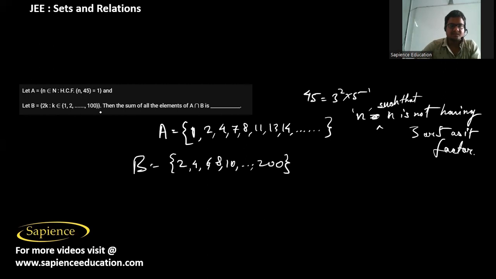So here actually we should take only the even numbers. So B equal to 2k, it means that it should be an even number from 1 to 100. Oh, sorry.